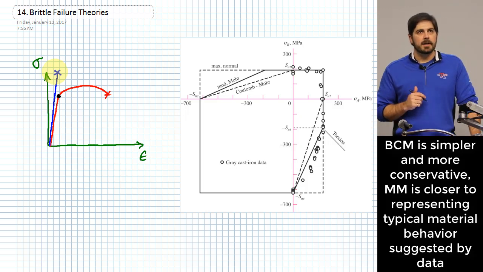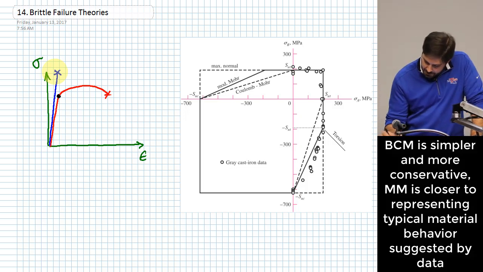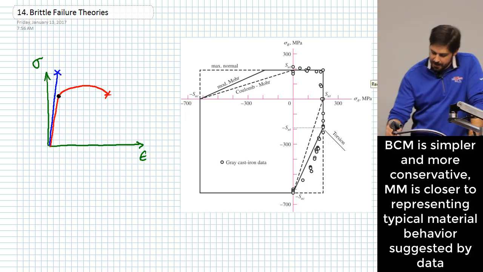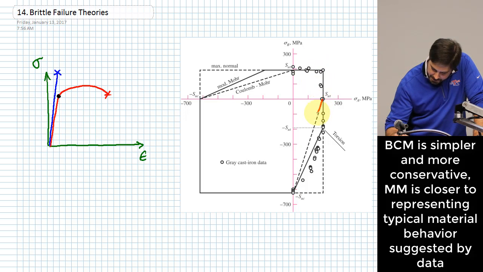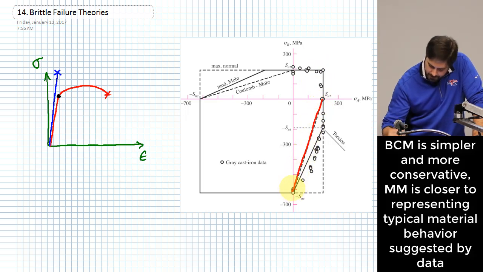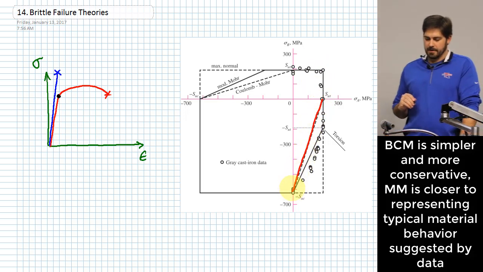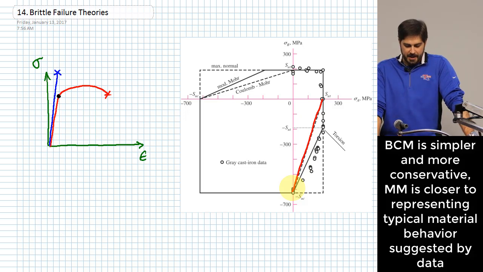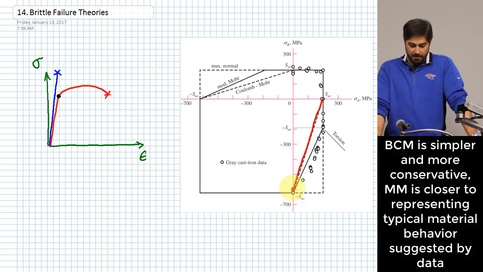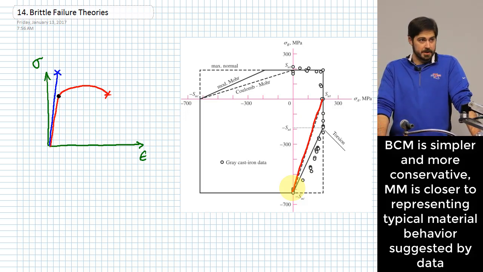And what you see here is that the theory we derived last time is represented by this line right there. You look at that line and ask, does that line do a very good job of representing those data points?